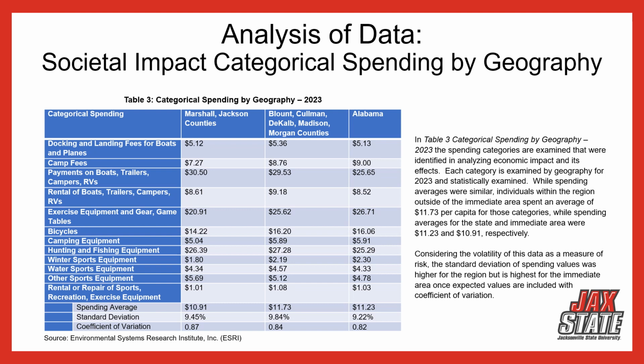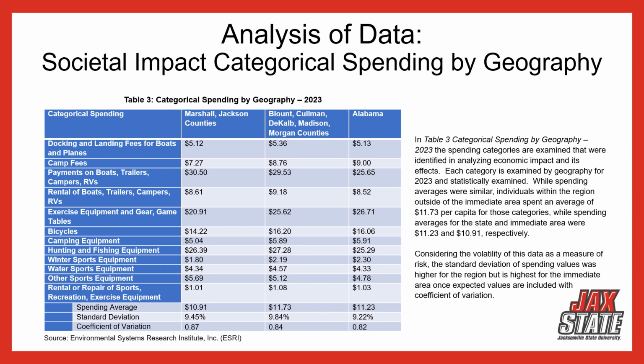Now, notice the spending averages. You have spending averages of the Marshall and Jackson counties, which is where the lake is, of $10.91 per person. And then for Blount, Cullman, DeKalb, Madison, and Morgan County, $11.73, and for the state of Alabama, $11.23 for these particular spending categories. So in this case, you see higher spending for the counties surrounding the lake, not necessarily the counties where the lake is located.